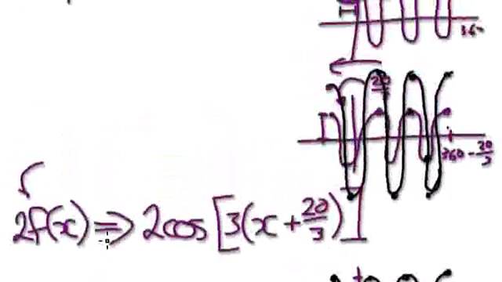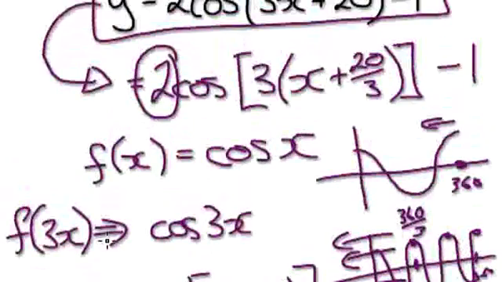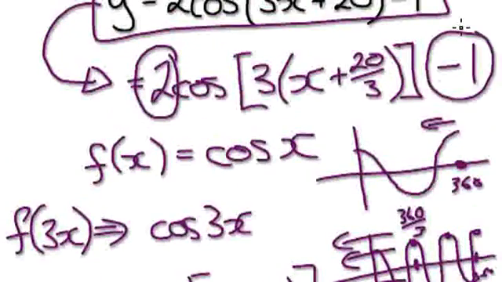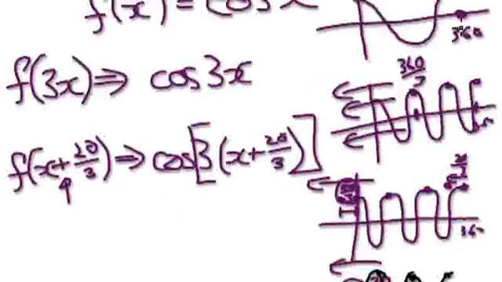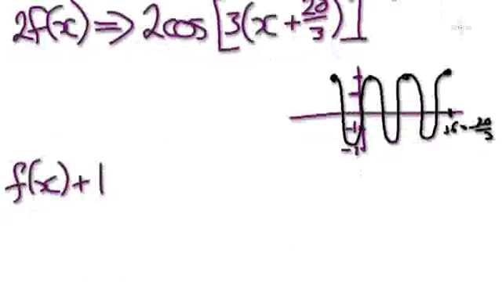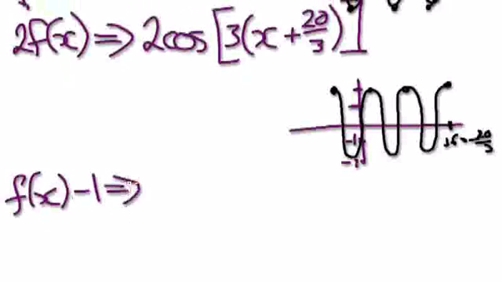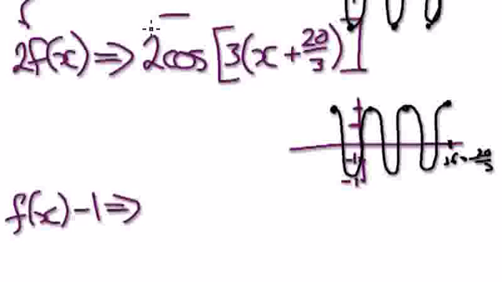Sorry, -1, not plus. So our next transformation would be -1. So that would give us this whole thing here intact, and then take away 1.